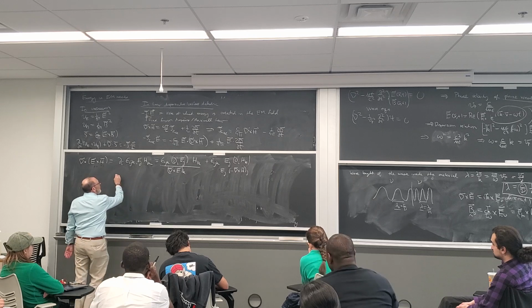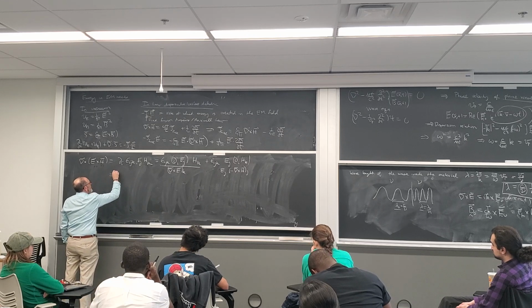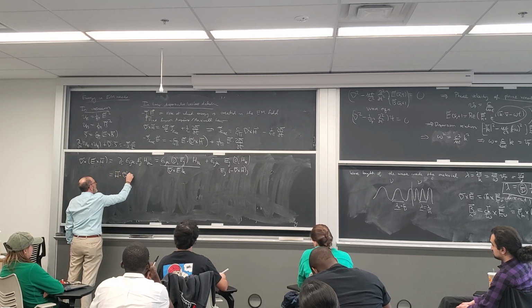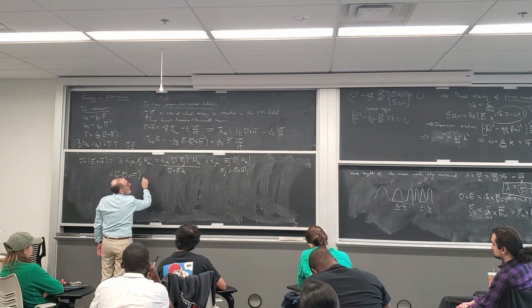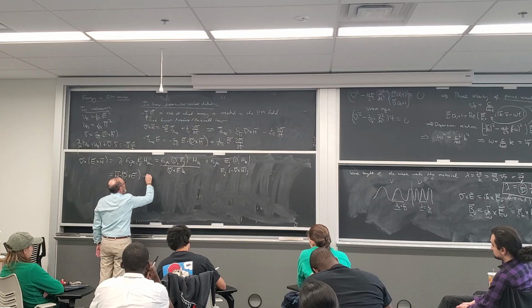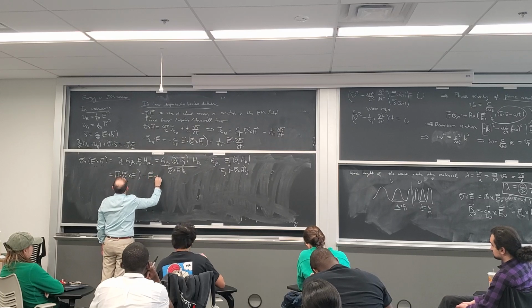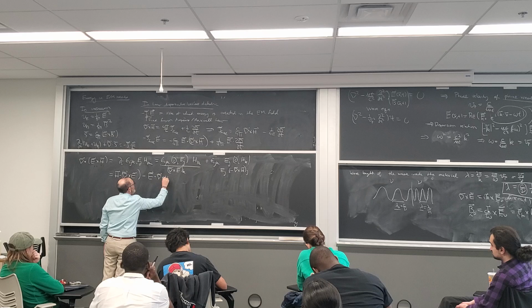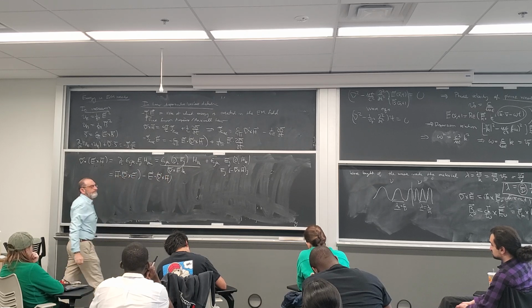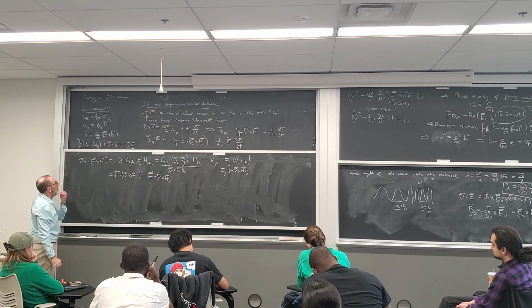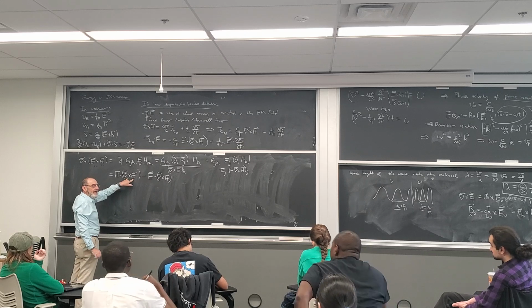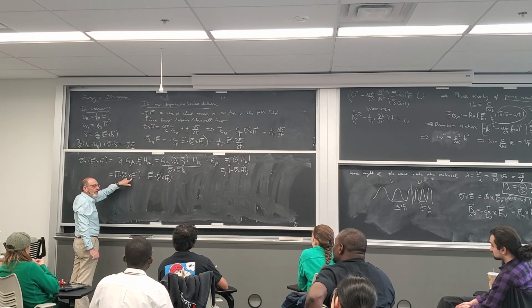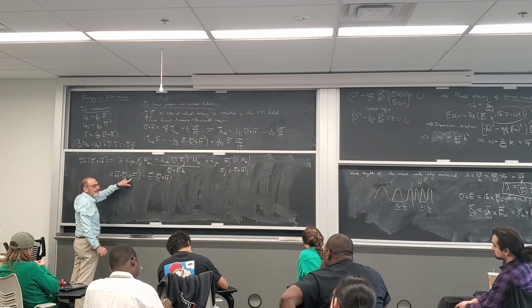So this is equal to H dotted into the curl of E minus E dotted into the curl of H. Okay? So what this tells me is that the curl of E is equal to minus 1 over C dB dt.